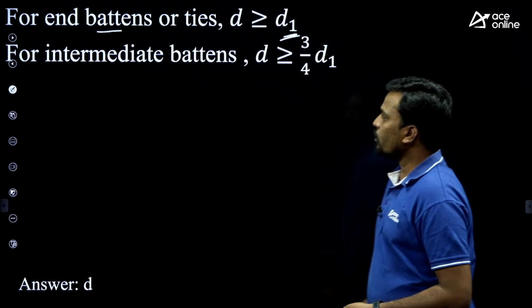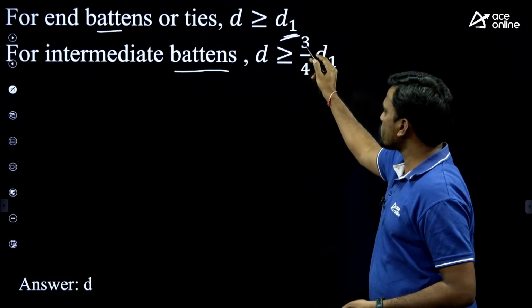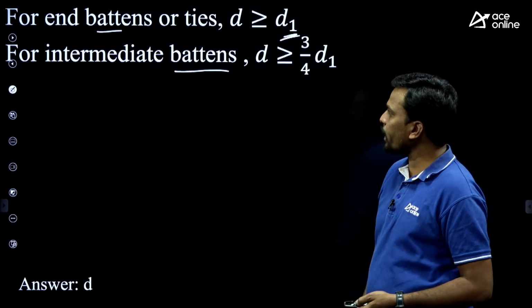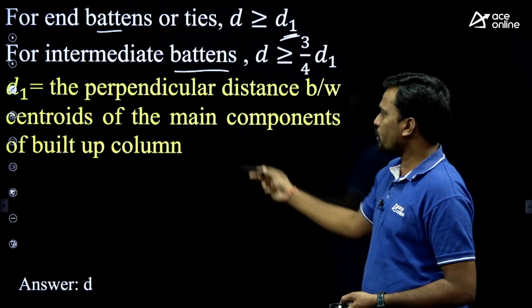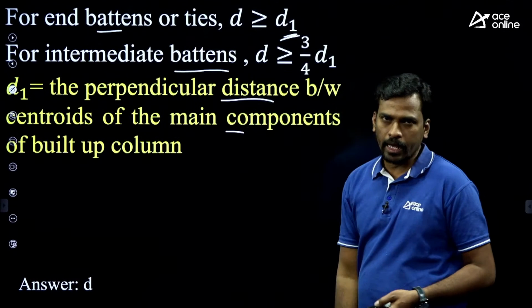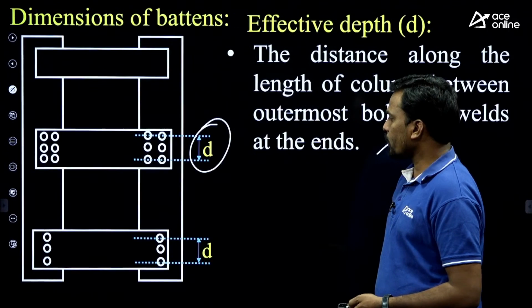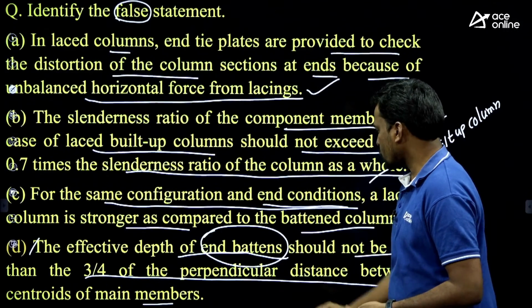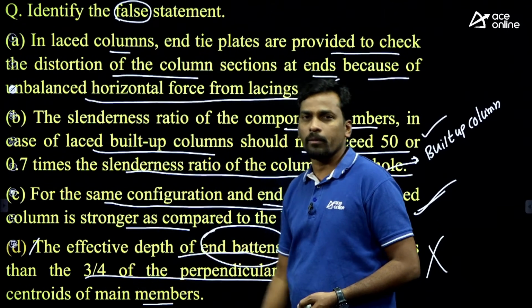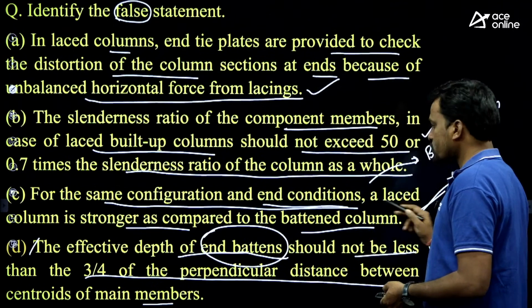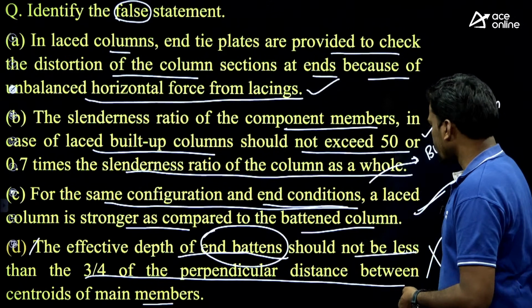And for intermediate battens, it is 3/4 of D1. So what is D1? I already showed it in the diagram. Here, for end batten, he gave 3/4, but 3/4 is for intermediate battens. So statement 4 is wrong. Right.